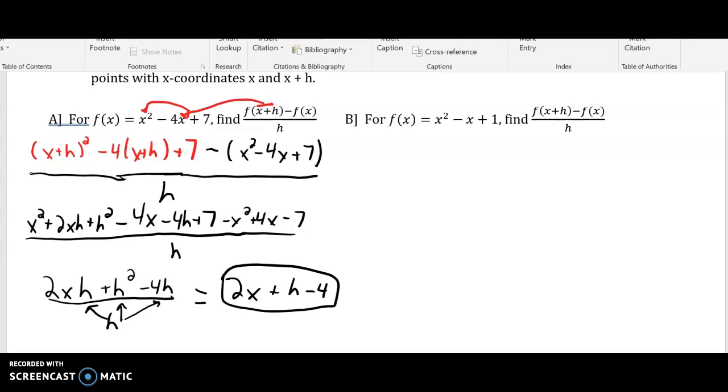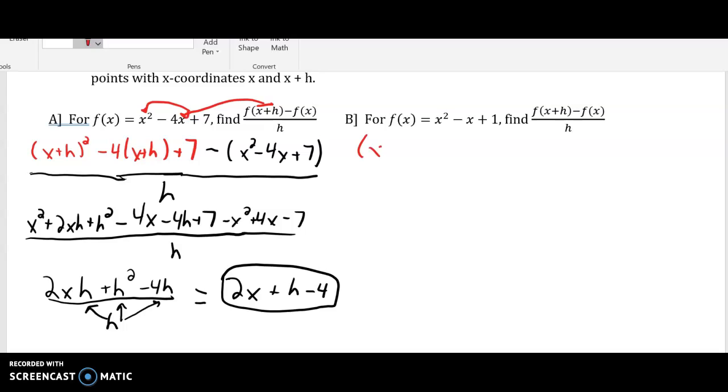Okay. Why don't you pause the video and try this one on your own. I will pause. Okay, we're back. Hopefully you've had time to do that. So we got to plug in x plus h for the f of x plus h. So we got an x squared. It's really similar type things. So we're going to go x plus h squared minus x plus h plus 1.